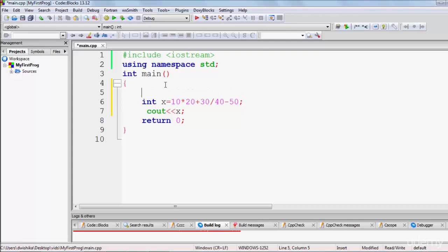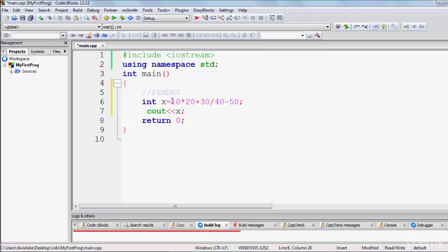If you remember the concept from school, it was called PEMDAS, which means the sequence of the calculation will be parentheses, exponent, then multiplication, division, addition and subtraction. So the same concept is used here.